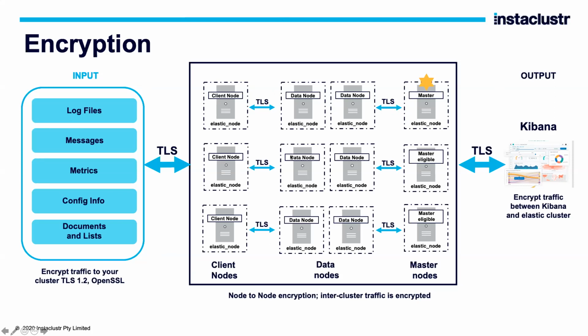You have data nodes, which hold all of your data in the Elasticsearch cluster. You have master nodes which take care of the cluster, such as what data sits where and how it's distributed, because Elasticsearch is distributed in nature. And then you have client nodes which can go and search that data when a request comes in, either from Kibana or some other application that wants to search data in the Elasticsearch cluster.